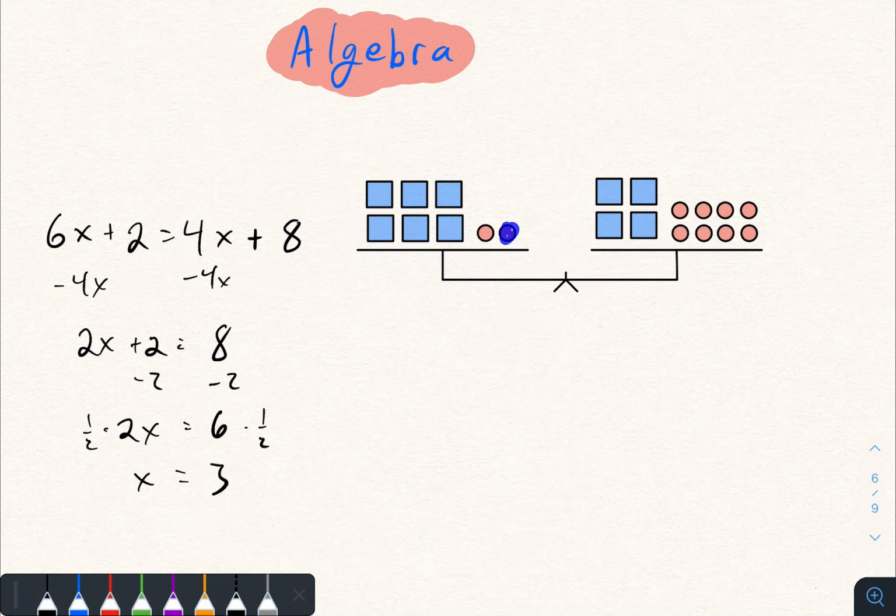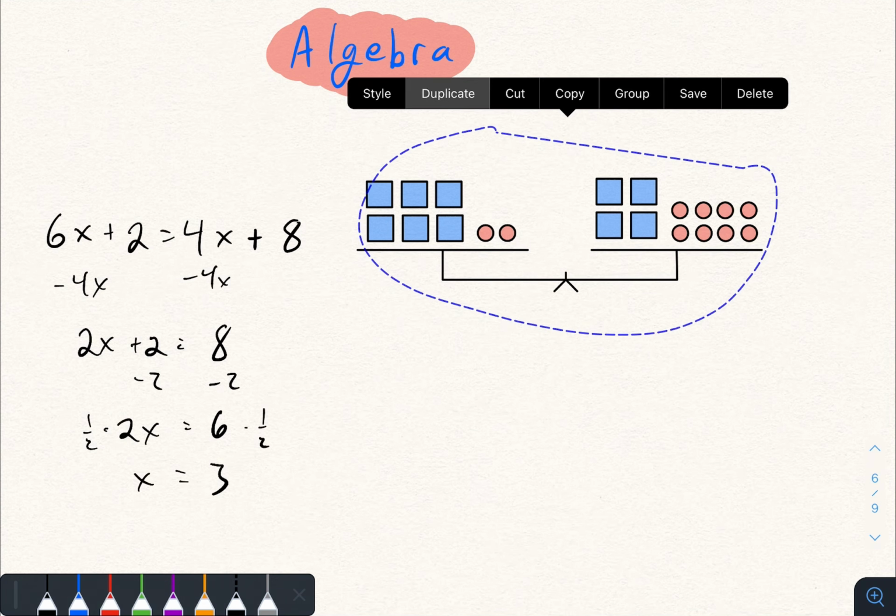One is represented by these little red circles. And x, we don't know what x is, so we just represent it with a box. We don't know what value this box has. We just know that the value of the box, however it shakes out, makes the scale equal.